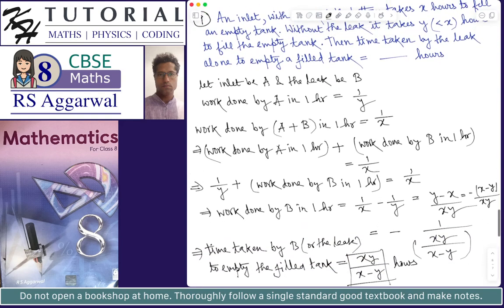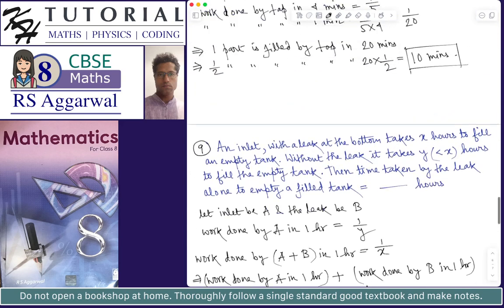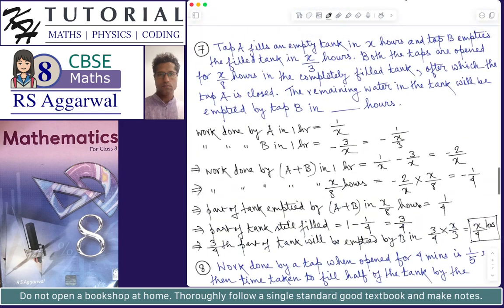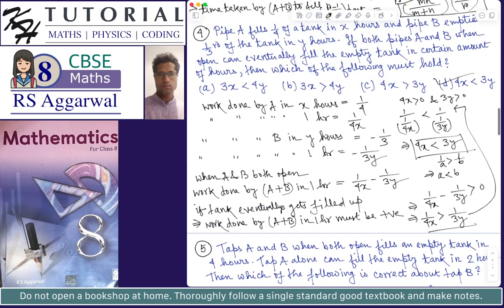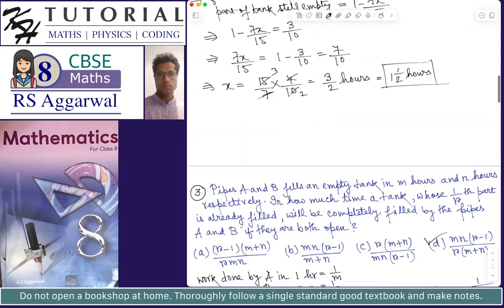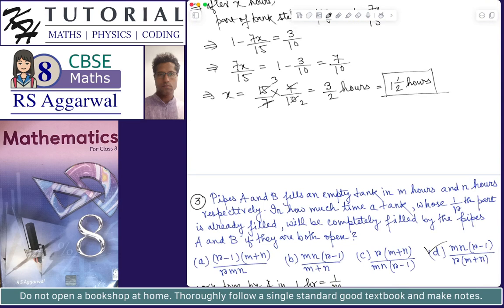So this brings to an end solving the problems of exercise 9 of assignment number 2. I hope solving these problems will give you a better idea of how to solve the various kinds of problems and how to apply the fundamental concepts of the working principles of pipes and cisterns, and the concepts of work done, positive work done, negative work done, and the two general rules, that is the rule of an inlet pipe and the rule of an outlet pipe.